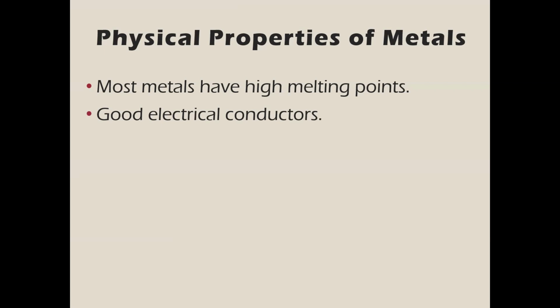They are good electrical conductors and good heat conductors. Why? Yes, exactly. Because there is a sea of delocalized electrons, free moving electrons between the atoms that can transfer heat and electricity from one place to another.